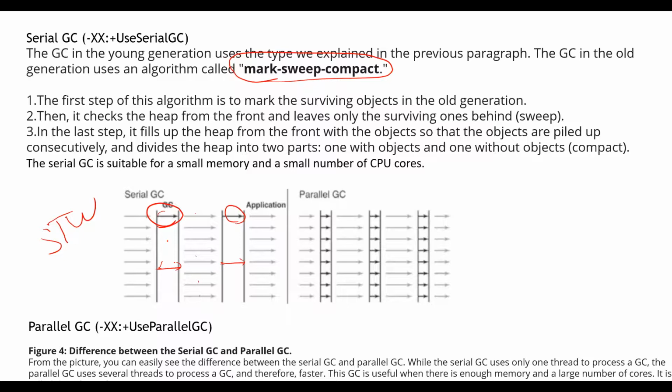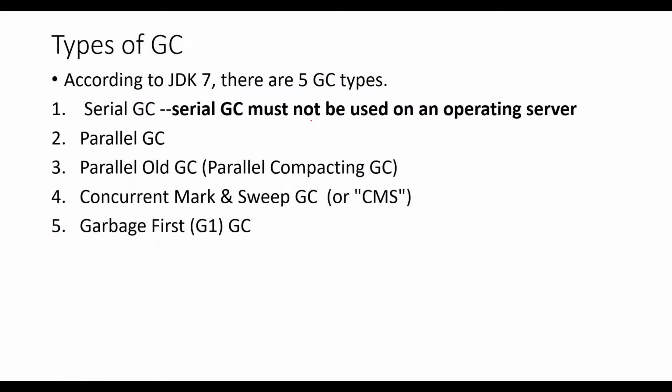For improving on that, let's see what parallel GC is doing. One more thing we need to understand is that when serial GC was invented, there were only single-core servers, with a single processor.